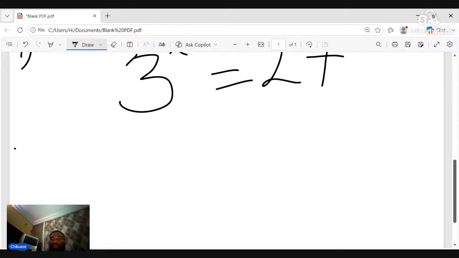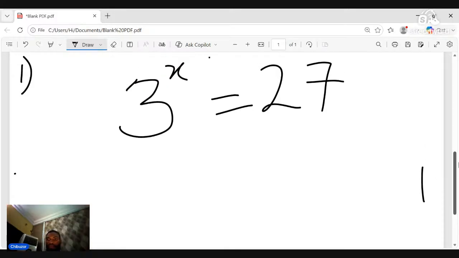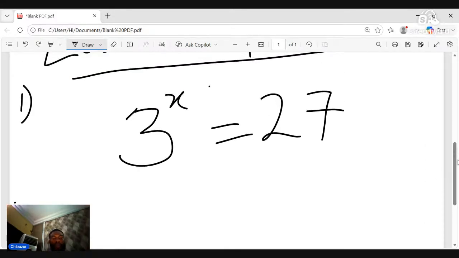And how do you do that? We know that 3 raised to power 3 is equal to 27.